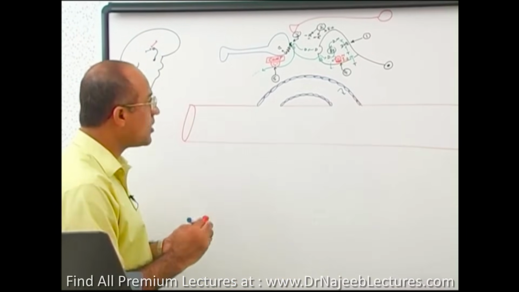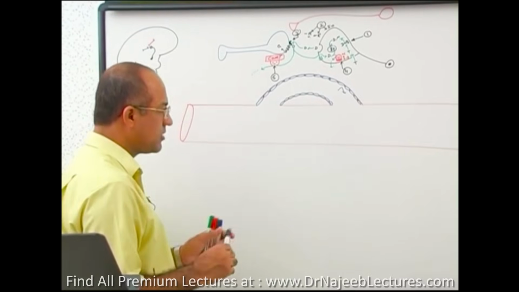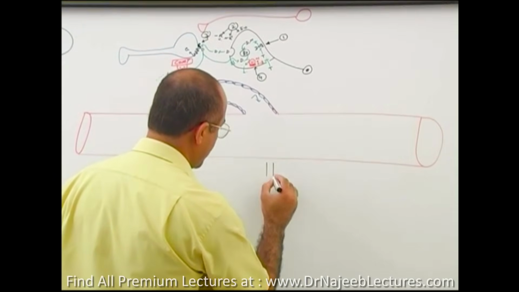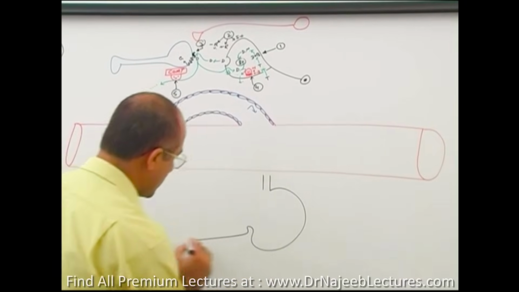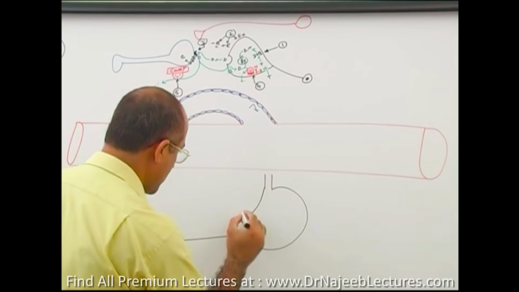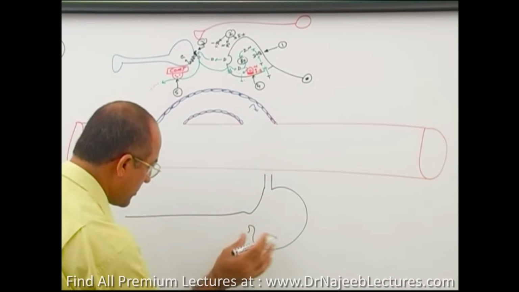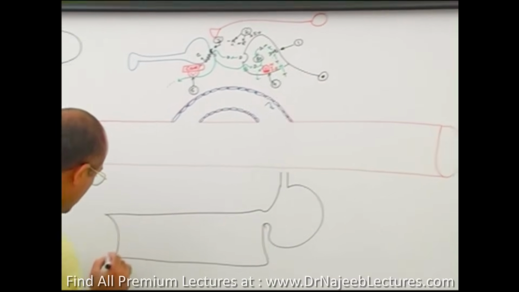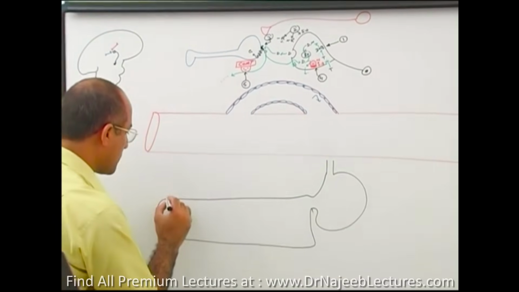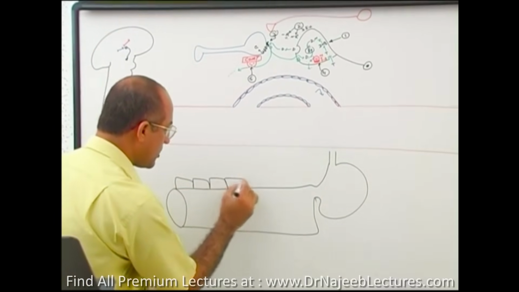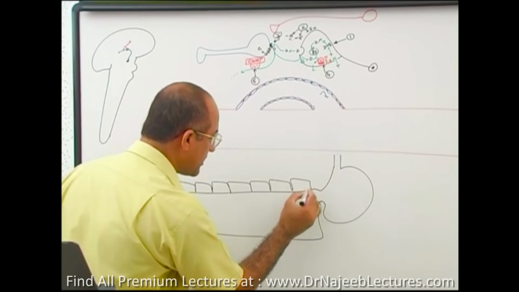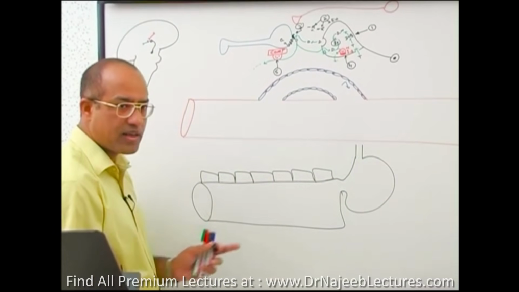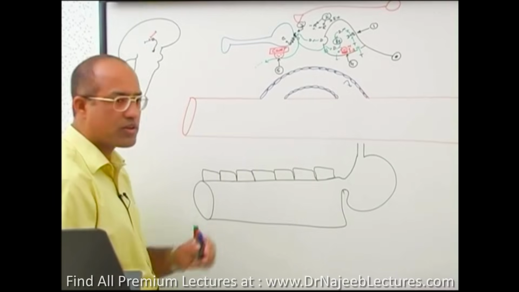Now, when we talk about the drugs, okay, let's make it like this. Suppose here is your GIT, right? Of course, these are your mucosal cells, isn't it? They are producing another biological barrier for the entry of the drug from the GIT to the circulation.